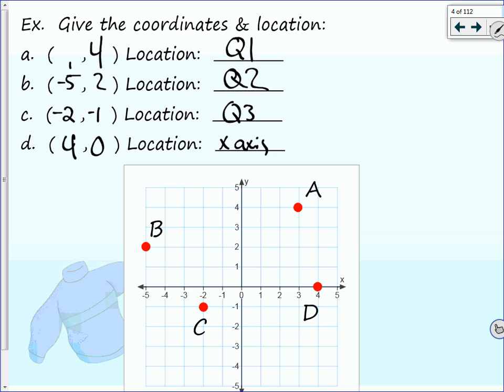Are we good now for Q1? Yes. Okay. How about B, thumbs up or down? I said negative 5, 2. How about C?